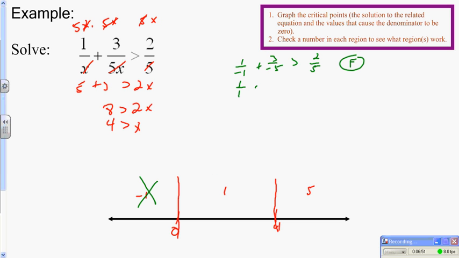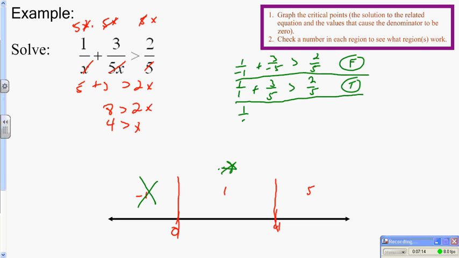I'm going to 1. We get 1 over 1 plus 3 over 5 is greater than 2/5. Well, it's already 3/5, and you're going to add 1 to it, so it's 8/5. You'll get plenty more than 2/5, so this one works. Check the last one.